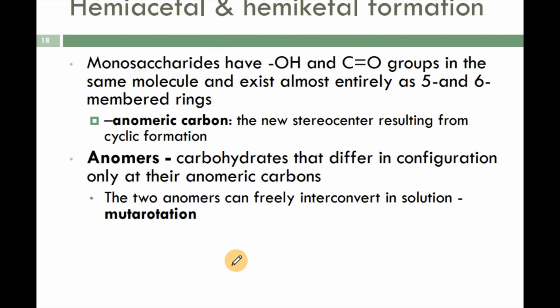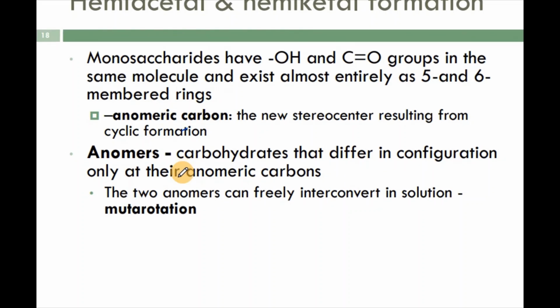When the cyclization occurs, the carbon bearing the functional group, in the case of aldehydes or ketones, is called the anomeric carbon. So after cyclization, the anomeric carbon is the carbon that was already containing the aldehyde or ketone functional group.